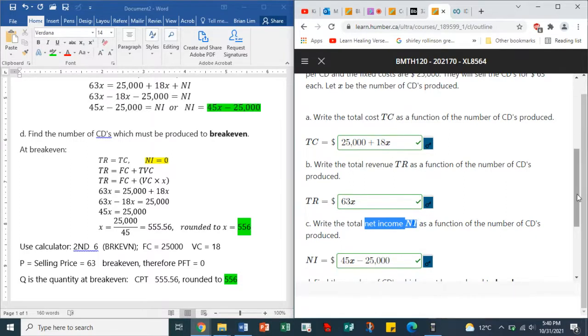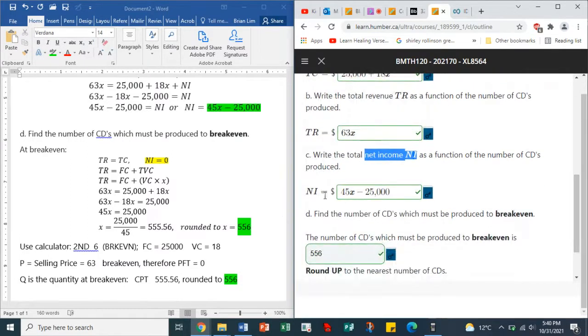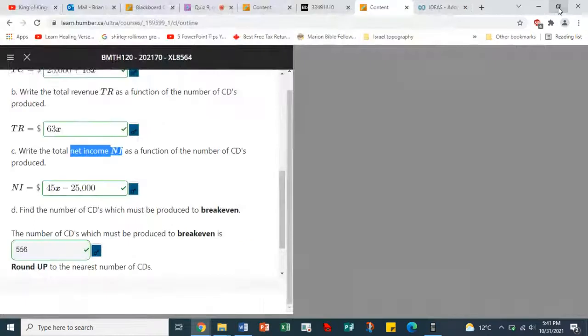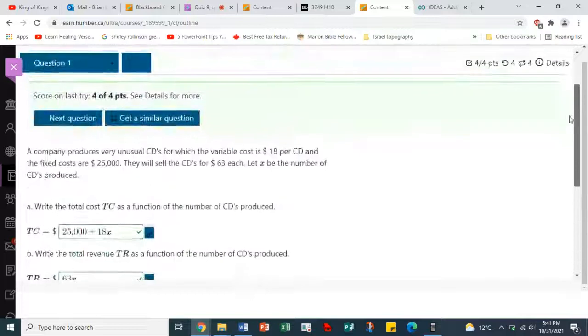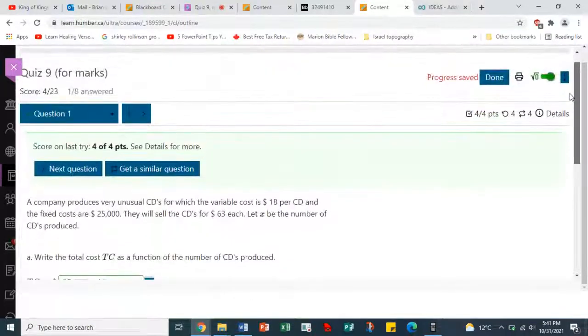But that leads you to the break even, because if net income is 0, then you're just solving this. But as you saw, we can use the calculator to get that done very nicely. So we got everything done nicely. We got the answer, and this is quiz 9, question number 1. So I'll stop recording.